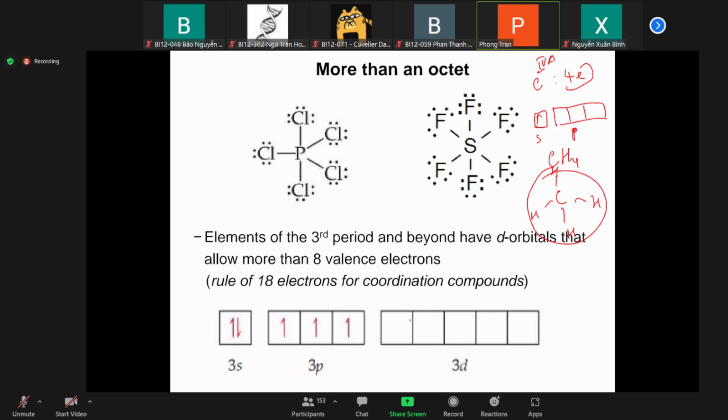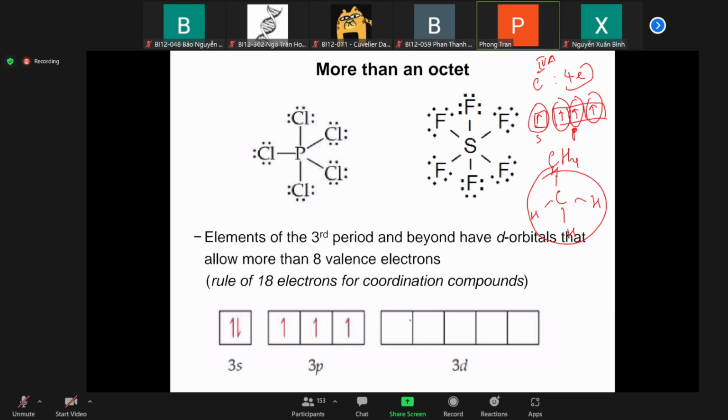So we have 1, 2, 3, 4 electrons. So each one can make a chemical bond because you have 4 single electrons. The idea is that when you share electrons, you bring 1 electron from yourself to share with another one. So you have 4 electrons, you can share with a maximum of 4 other atoms to make 4 sigma bonds, and the model you can see is in the compound CH4.